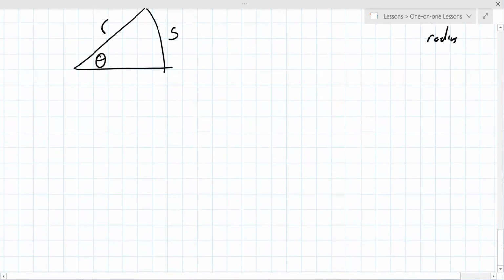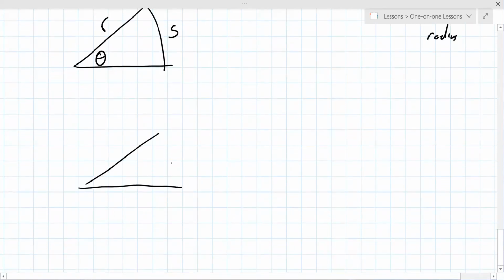So this problem works out really well if I tell you that this is pi over 4 and this is 16. What is s? It's pi over 4 times 16. Yep. It's 4 pi.